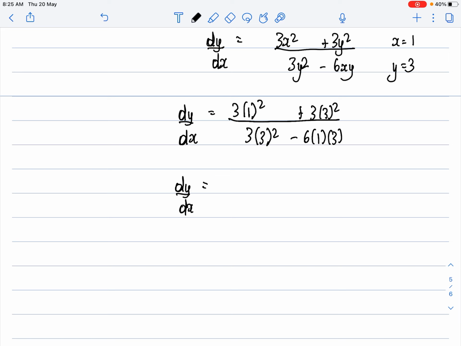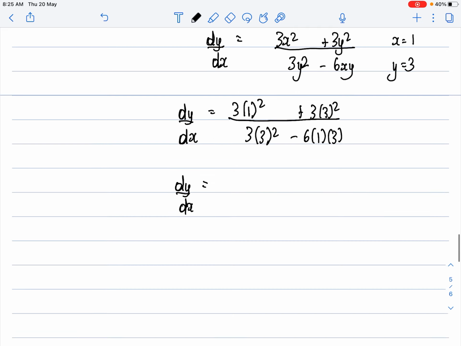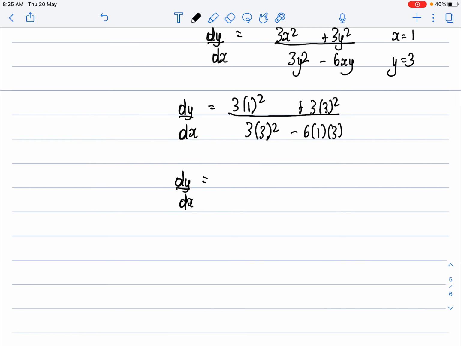I'll basically get 3 plus, you can solve it mentally also if you want. You can solve this like 3 plus 3 into 9, which is 27, over 3 into 3 square, that's again 3 into 9, which is 27, minus 6 into 3, which is 18.